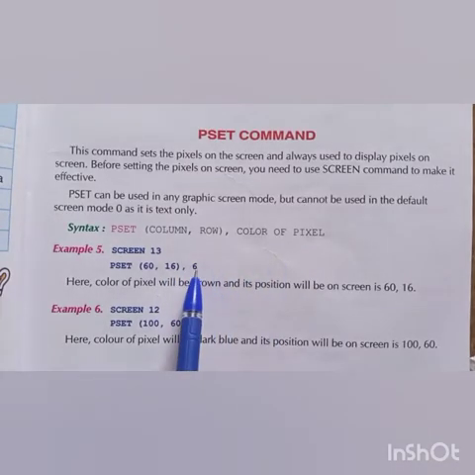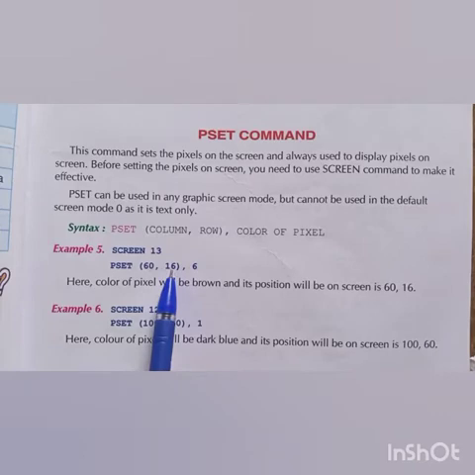Here we have written 6, that is brown. Now what happens? When you run this command, you will see a brown color pixel on the screen at column 60 and row 16. It will appear as a tiny brown dot on your screen.